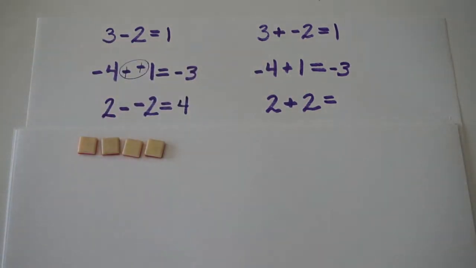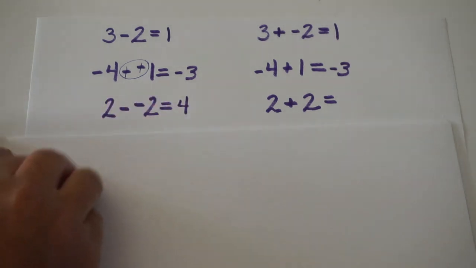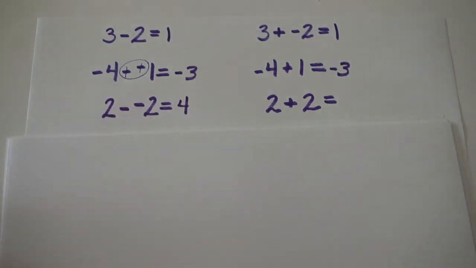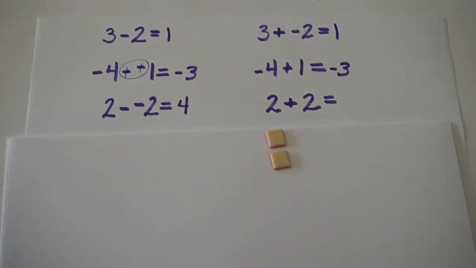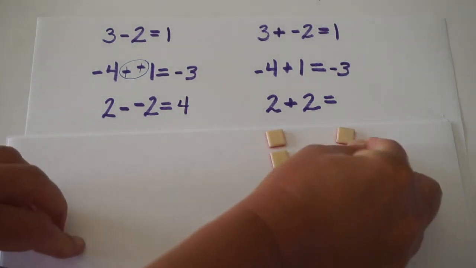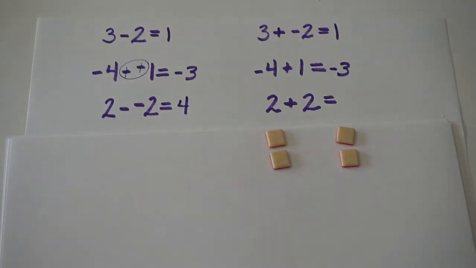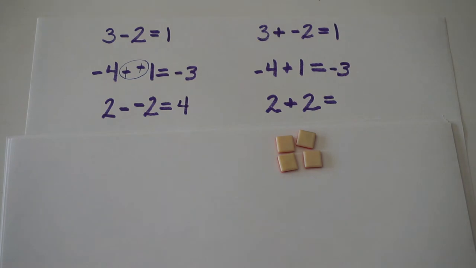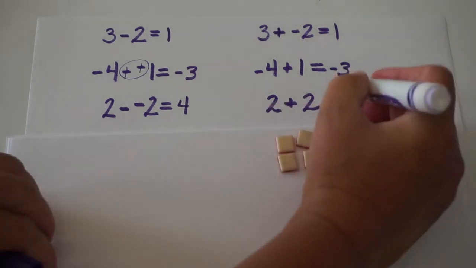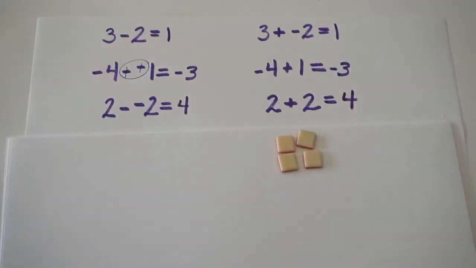positive 4. Okay. Moving to the addition problem, we represent each addend with a set. Here is 2. Here is another 2. Addition is pushed together. I push these together, and that leaves us also with a positive 4.